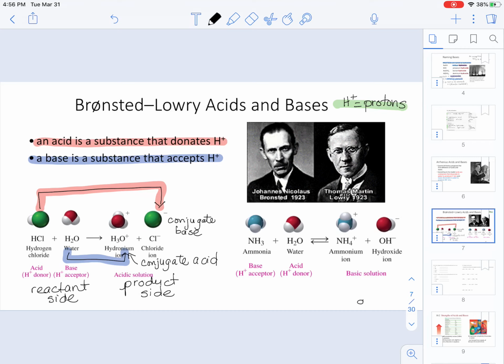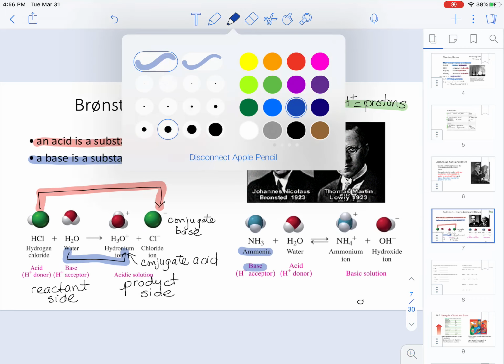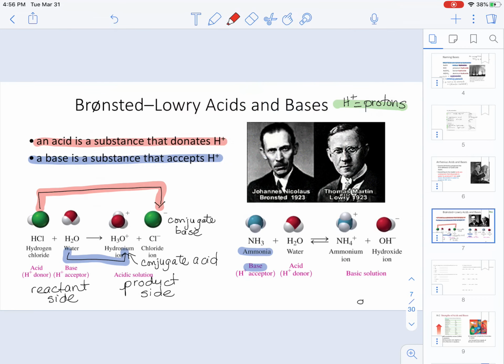Let's do another example to clarify this, just in case some people are still confused. In the next reaction, as you can see, we have on the reactant side ammonia as a base, and water is acting as an acid.